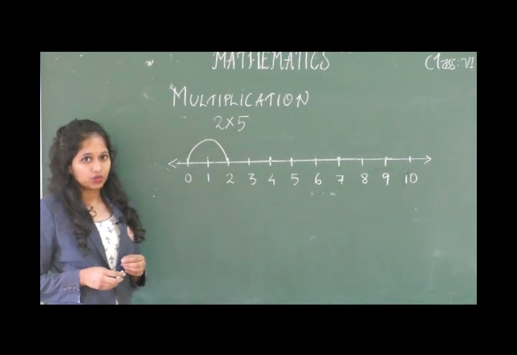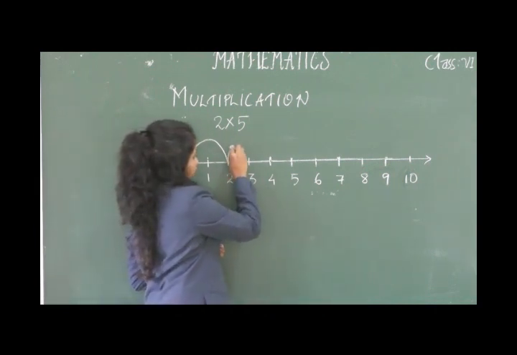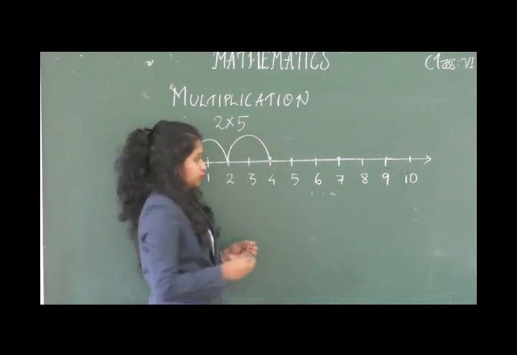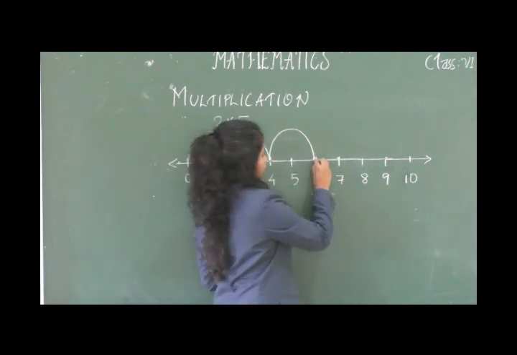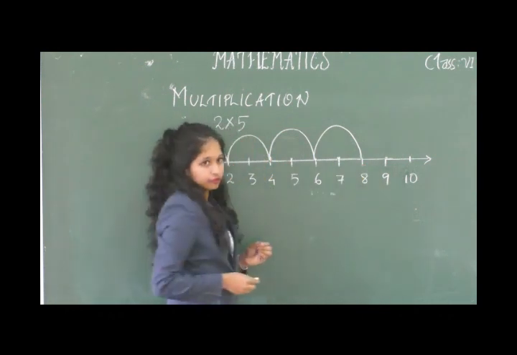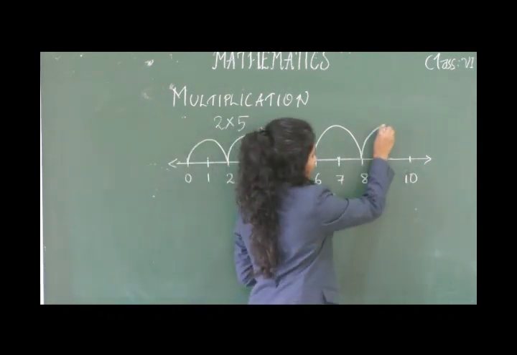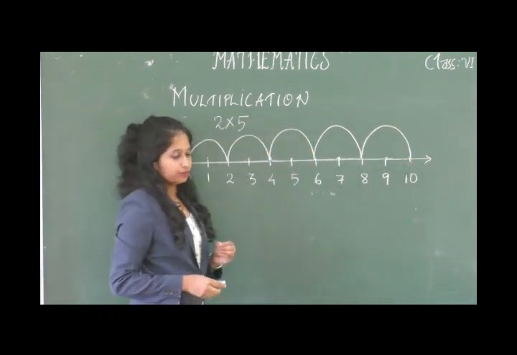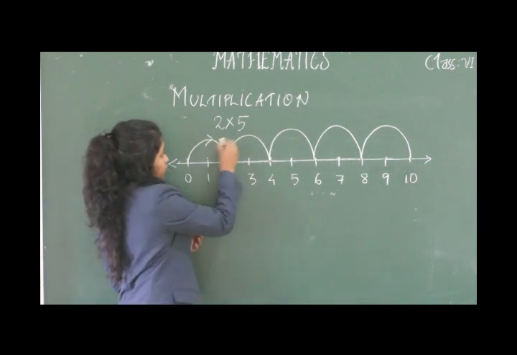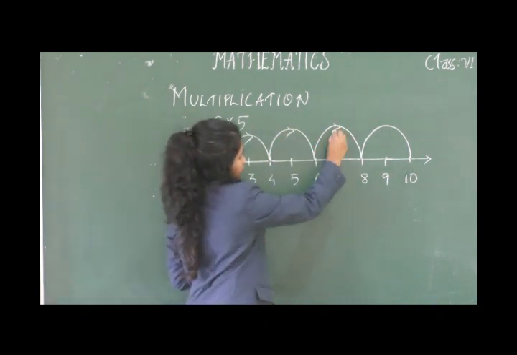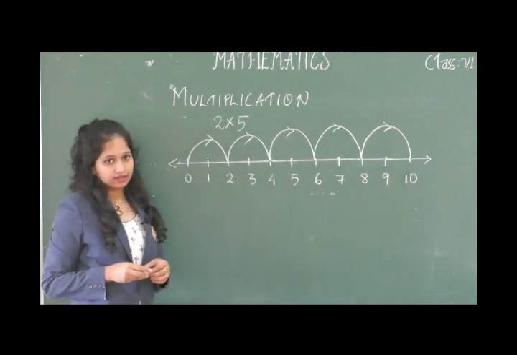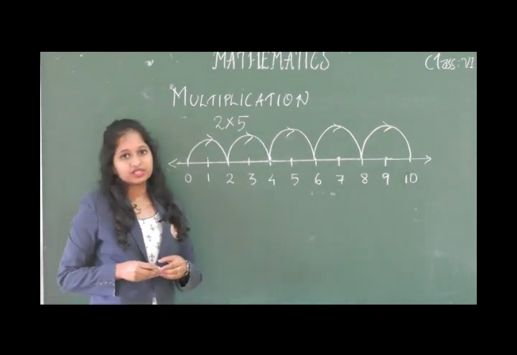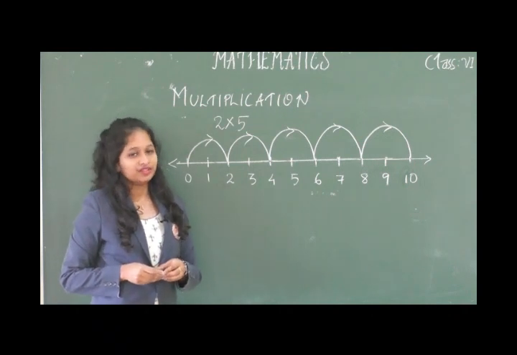This is 1 time, 2, 3, 4 and 5. We have done 5 times and we have reached 10. This is how to represent multiplication on a number line.